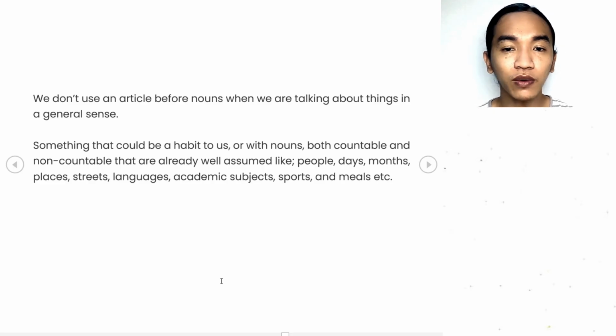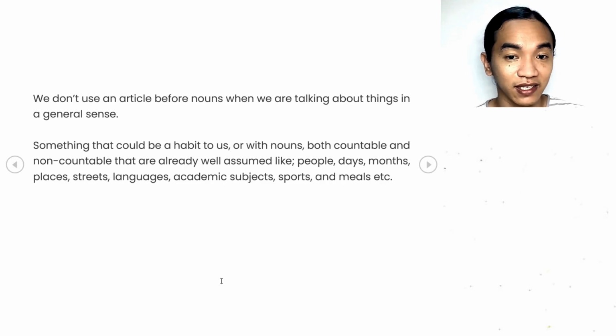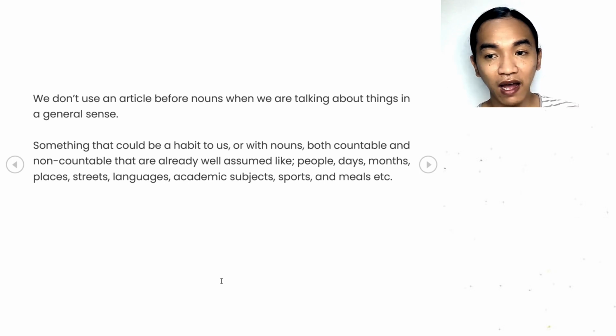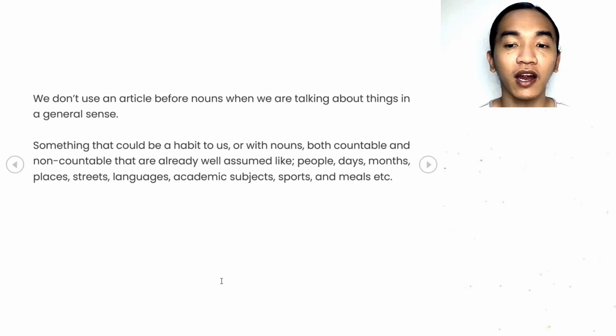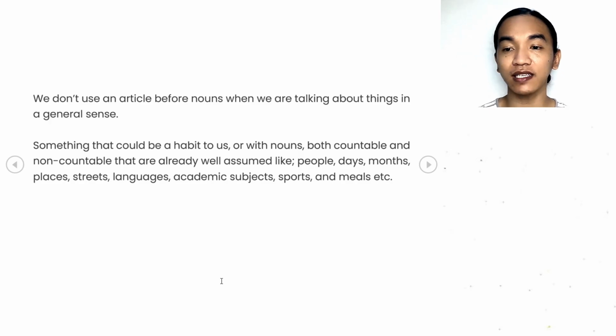So we don't use an article before nouns when we are talking about things in a general sense. So something that could be a habit to us, or with nouns, both countable and non-countable, that are already well assumed, like people, days, months, places, streets, languages, academic studies, sports, and meals, and many others.